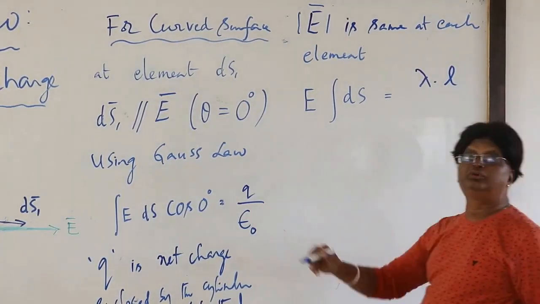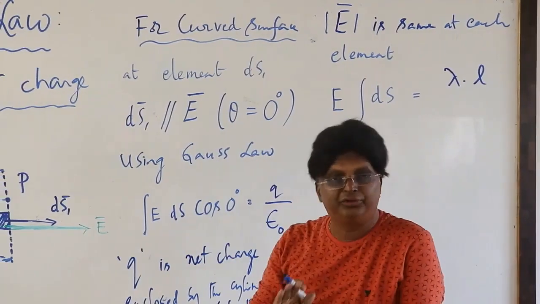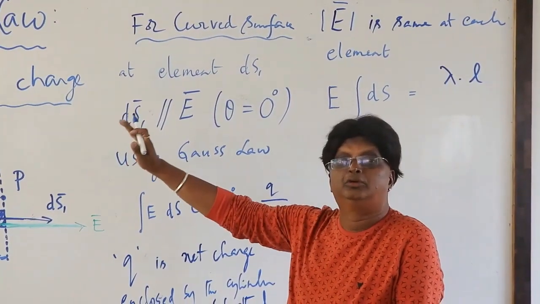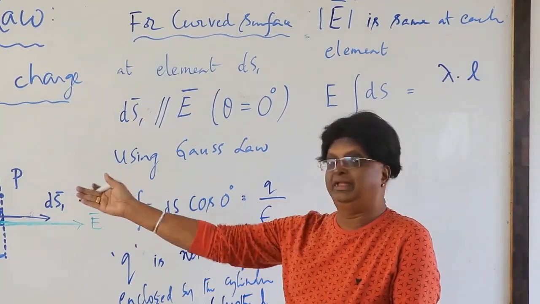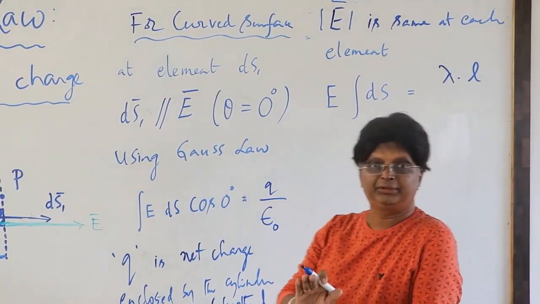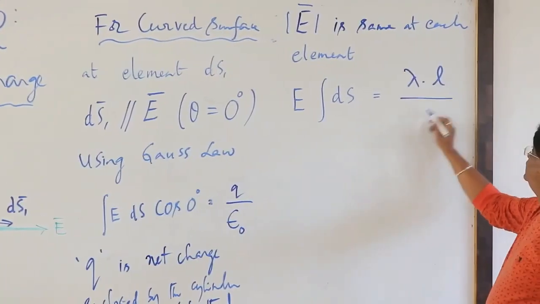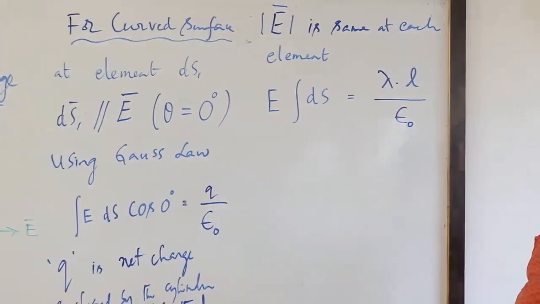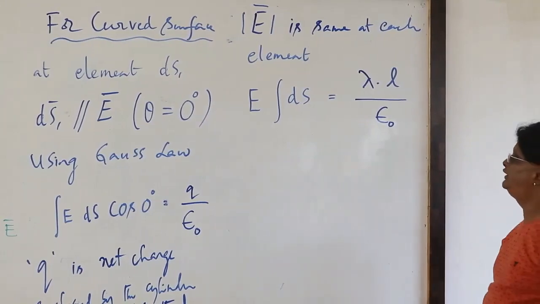Remember, this Q is not the total charge on the line of charge. No, please remember, this is the charge enclosed by the Gaussian surface, which is a cylinder of length L. This is an important thing, right? Lambda times L by epsilon naught. This is for one element.